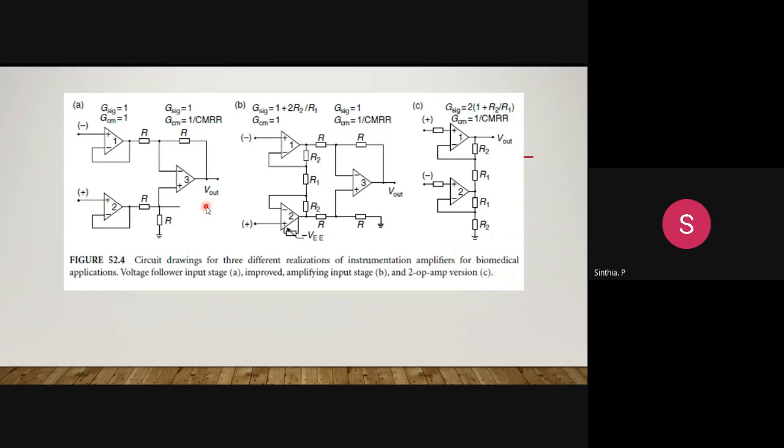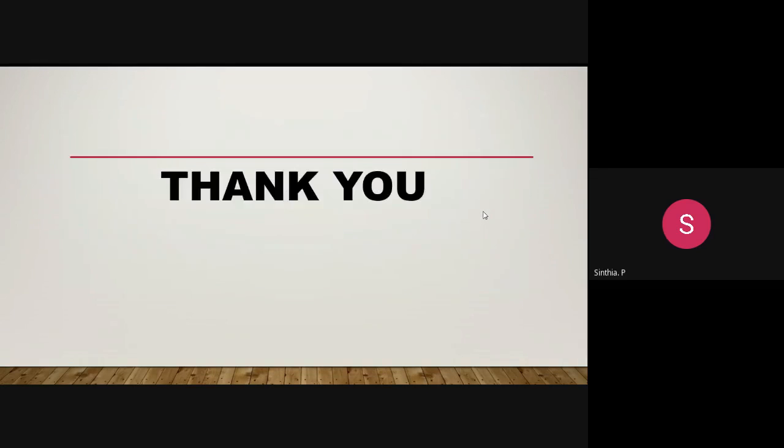So these are three different circuit realizations of instrumentation amplifiers used in biomedical applications. This is your voltage follower input stage, this is the amplifying input stage, and this is your two op amp version of the three different configurations of the instrumentation amplifier.